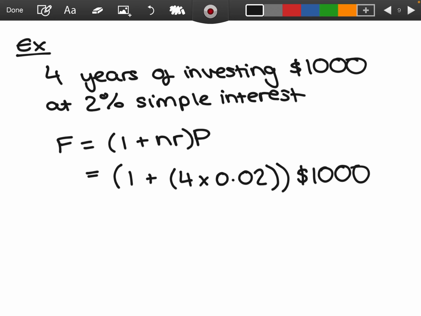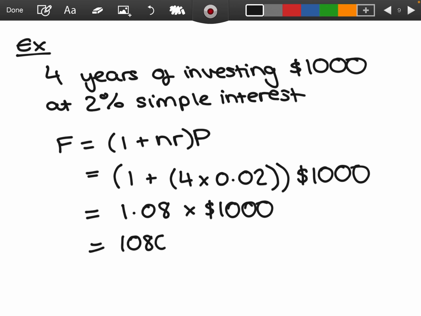And then your principal value is $1,000. So if you go ahead, you get 1.08 multiplied by that $1,000, which will give you $1,080. So after 4 years of investing $1,000 at 2% simple interest, that is the amount that we have.